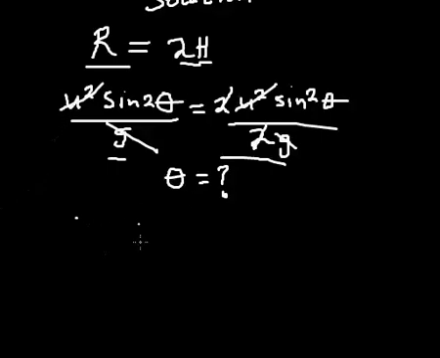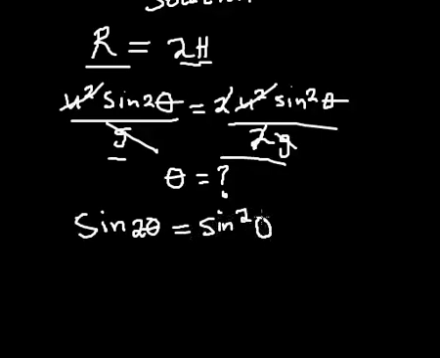Okay, so now I'm only left with sine 2 theta equal to sine squared theta. How does this help me? How do I evaluate this equation for me to get theta? Don't forget where this is coming from.